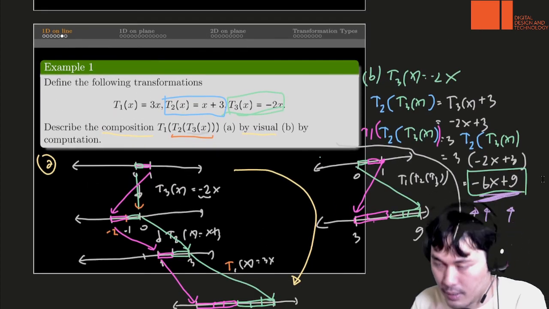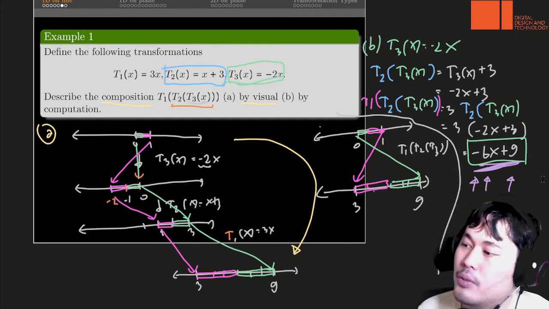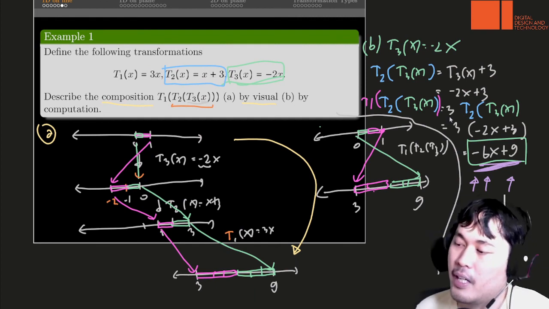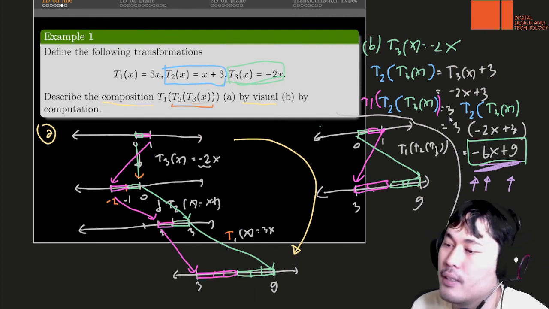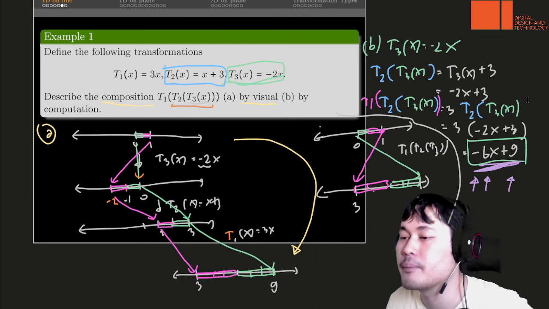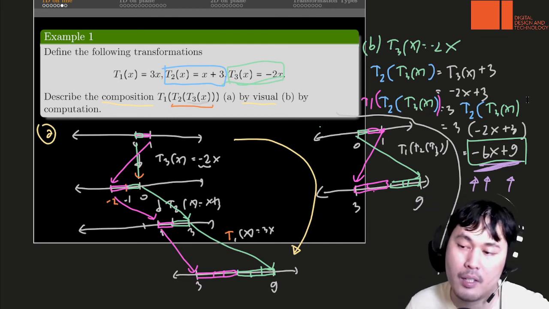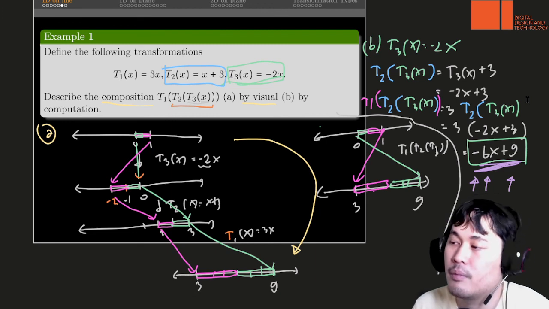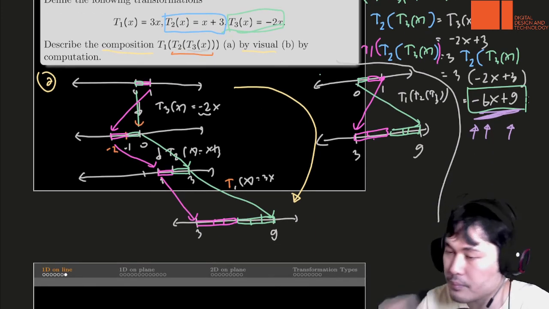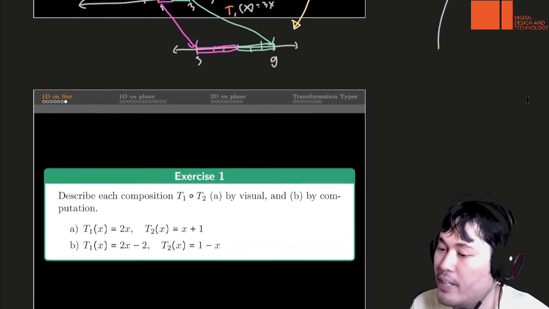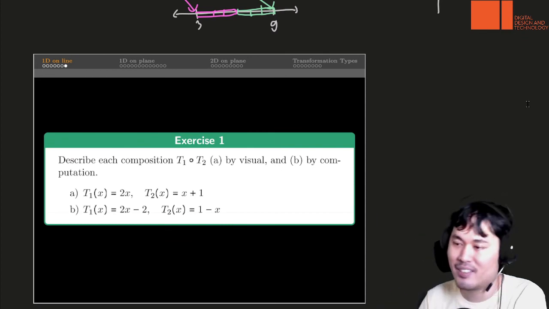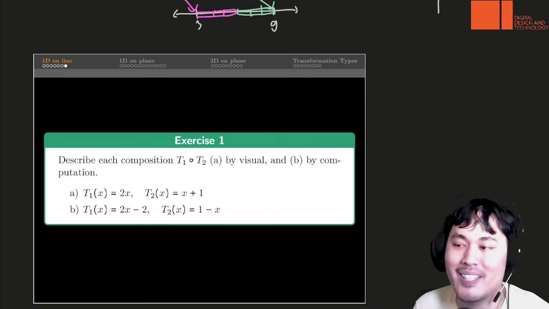So that's the example of how you compute and write and draw the one-dimensional transformation. It's a composition of smaller transformations. So that's the end of part 1. That's an exercise for you. See you in part 2.